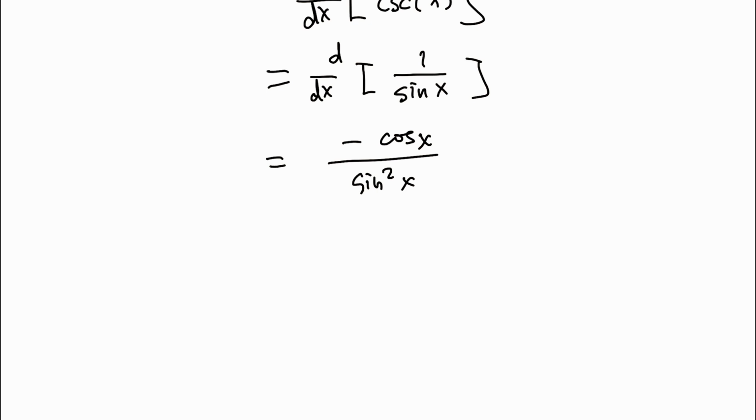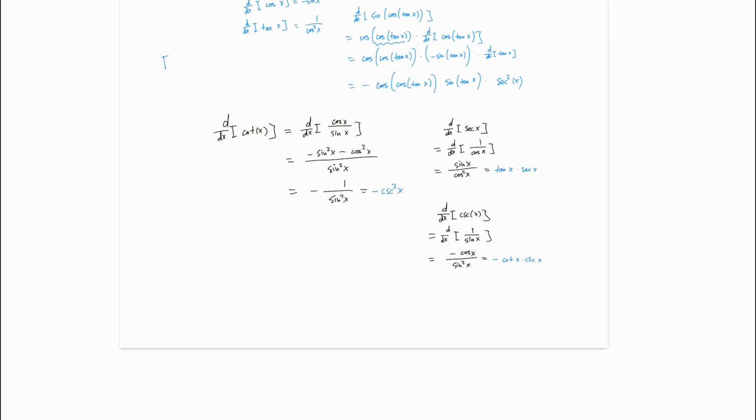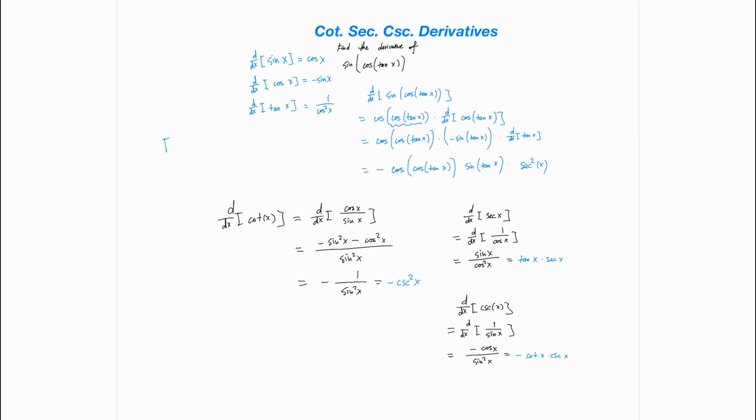Obviously, you can leave it like that again. And maybe it's controversial, but a cleaner way to write it is negative cotangent of x times cosecant of x. And that is all of the stuff that we're going to cover today.